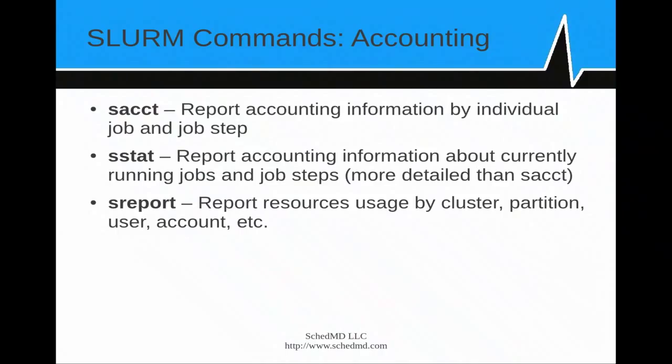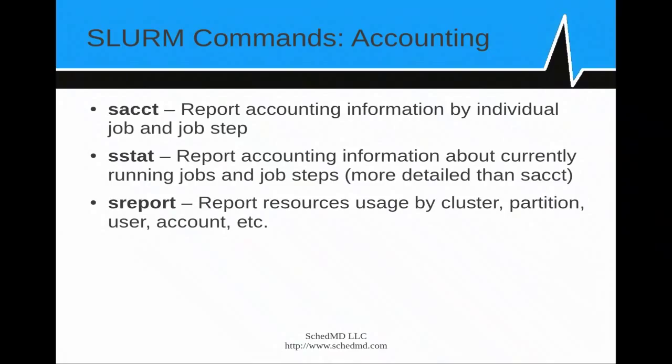sreport gives you consolidated reports, so you can get information by user or cluster or partition or account in a fairly condensed fashion. So you might want information about how many resources are being used on each cluster by account or by user. And sacct and sstat don't do that. They're reporting information about individual jobs and job steps.